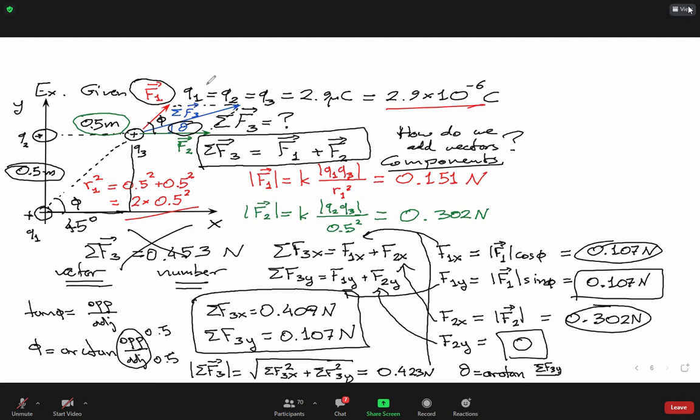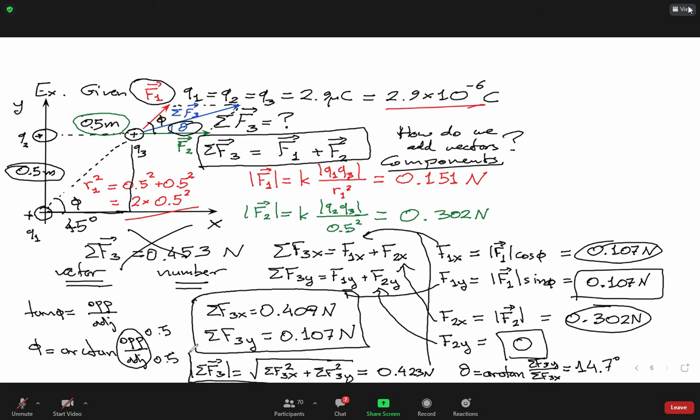So I'm kind of cramming everything together here: the y component divided by the x component. And if I plug that into a calculator, I'll get approximately 14.7 degrees.